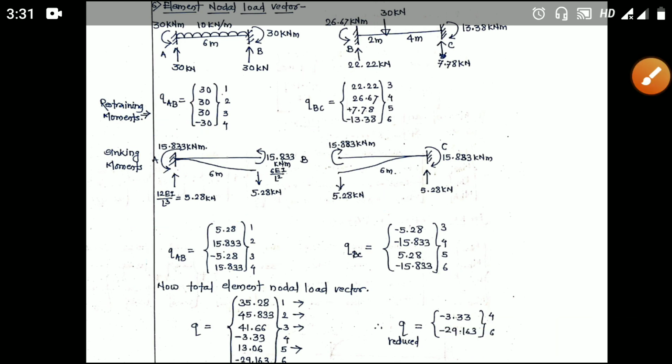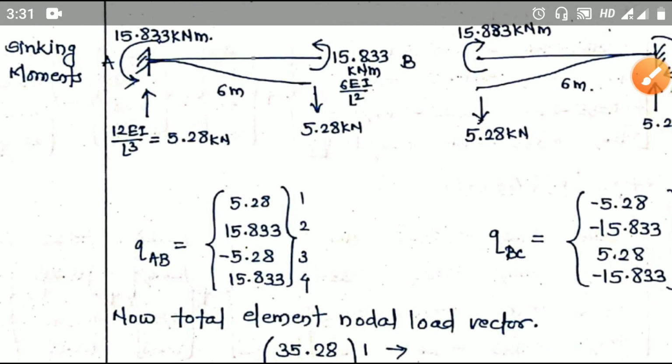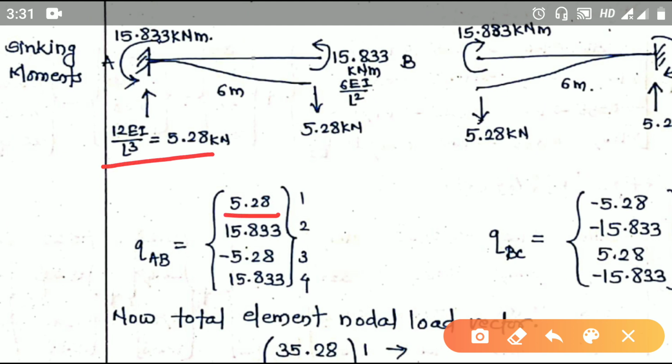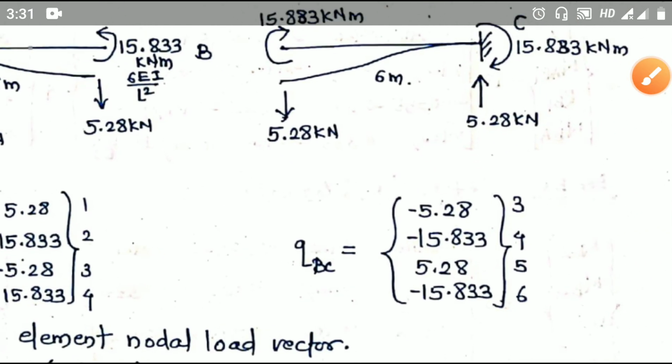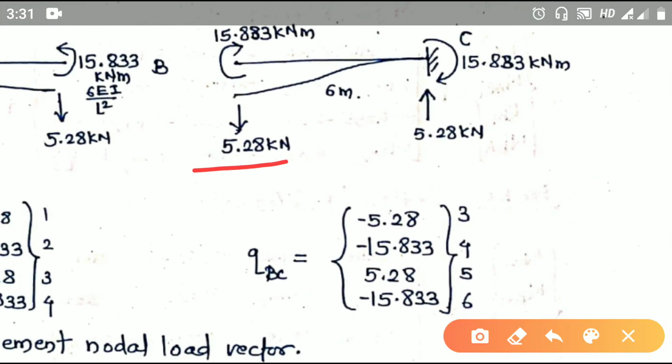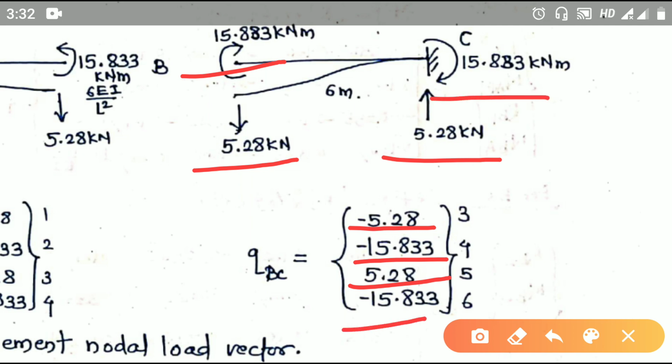For writing this QAB, maintain the sequence for beam AB: first reaction at A, then moment at A, reaction at B, moment at B. So write according to the sequence: reaction 5.28, moment 15.833, reaction in the downward direction minus 5.28, moment 15.833. Then for BC: reaction minus 5.28, moment minus 15.833, reaction 5.28, moment minus 15.833. So reaction, moment, reaction, moment.